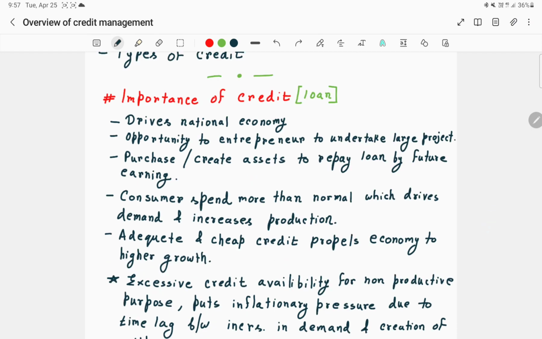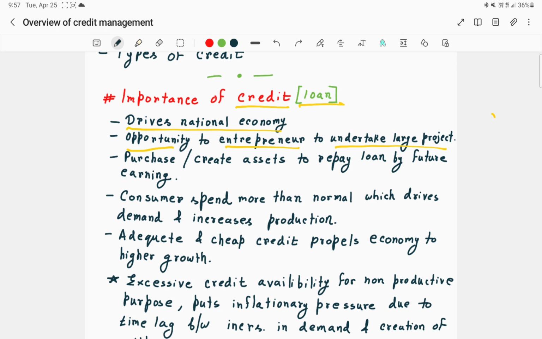Now, what do we mean by credit? Credit is nothing but loans. So the loans we take from bank are called credit, and credit is what drives our national economy. It gives opportunity to entrepreneurs to undertake large projects. Suppose an entrepreneur wants to start something, but he or she doesn't have the capital for it.